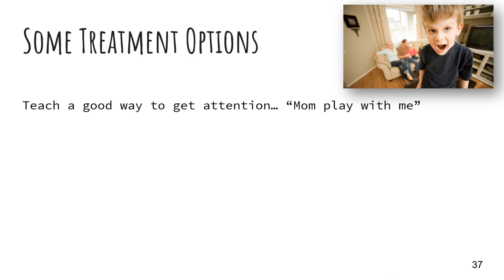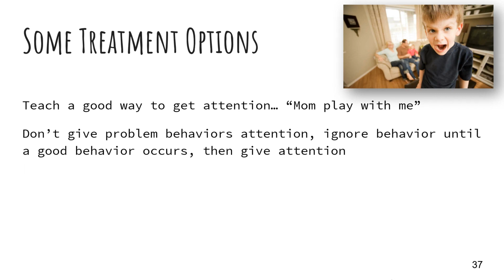So teaching the client to say, Mom, play with me. And when the client does say that, you as the behavior specialist will make sure that Mom is giving attention to those appropriate attention-seeking behaviors.